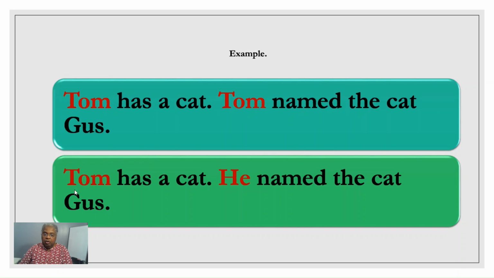The name of the person that the sentence is about has been used. And since we know that the subject of the first sentence is Tom, to avoid repetition of using Tom's name in the second sentence, the subject pronoun has been used.